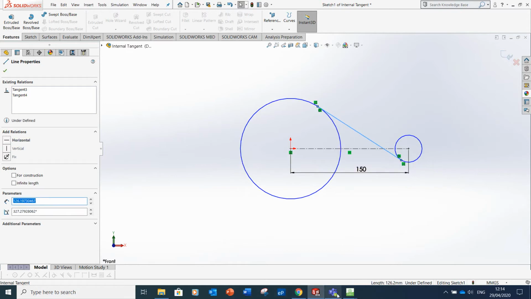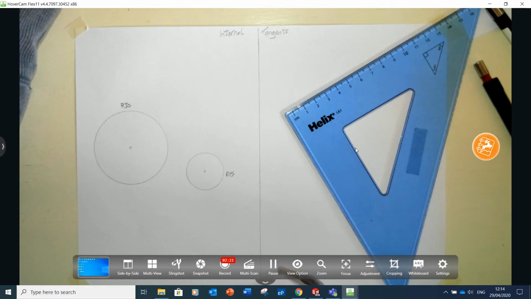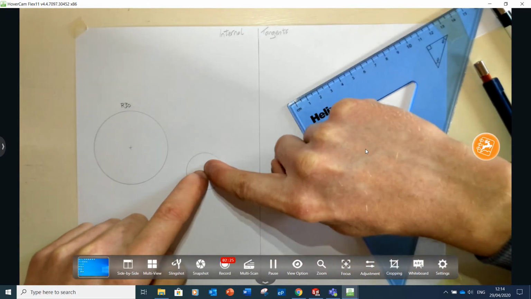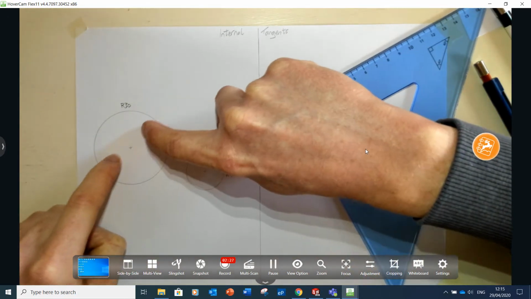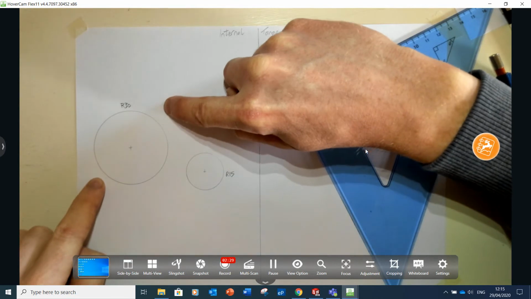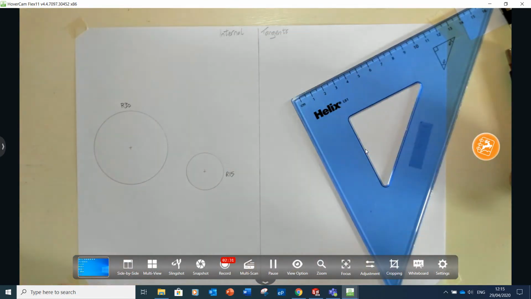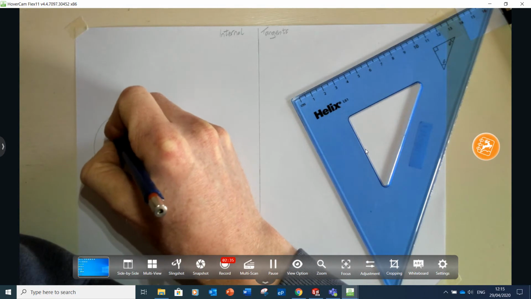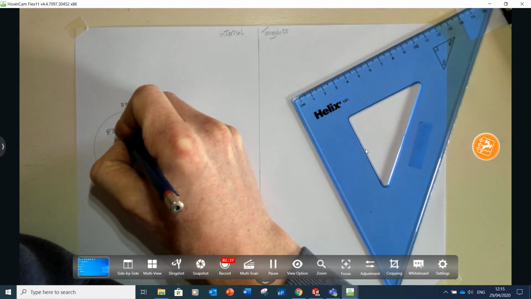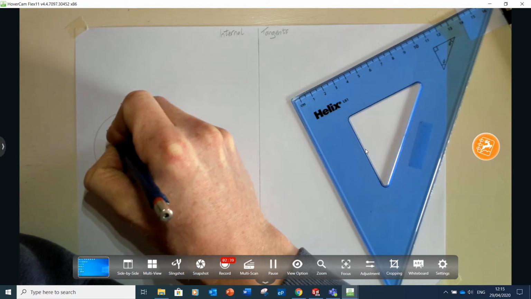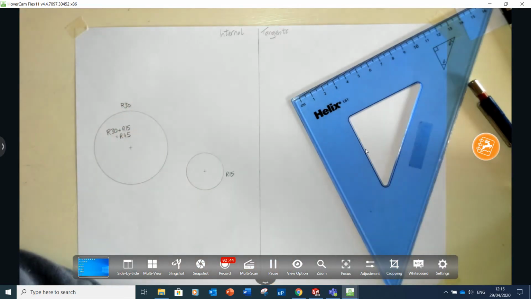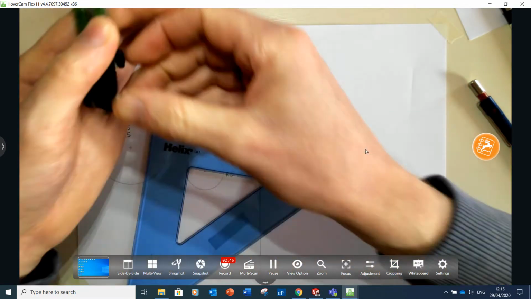So to bring that back to our drawing page, if I reduce my radius 15 circle to a point, my radius 30 circle is going to get 15 millimeters bigger. So this time I am going to add radius 30 and radius 15, which equals radius 45 for our larger circle.